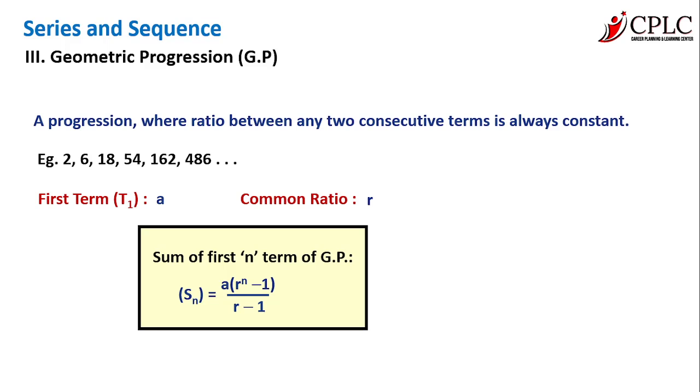And that's the formula to calculate the sum of first n terms of GP. So these are the things related to GP.